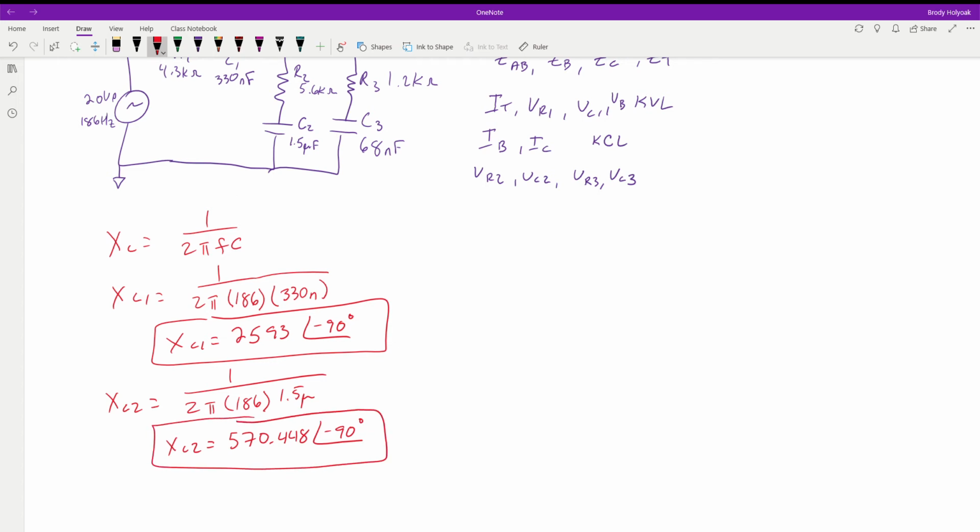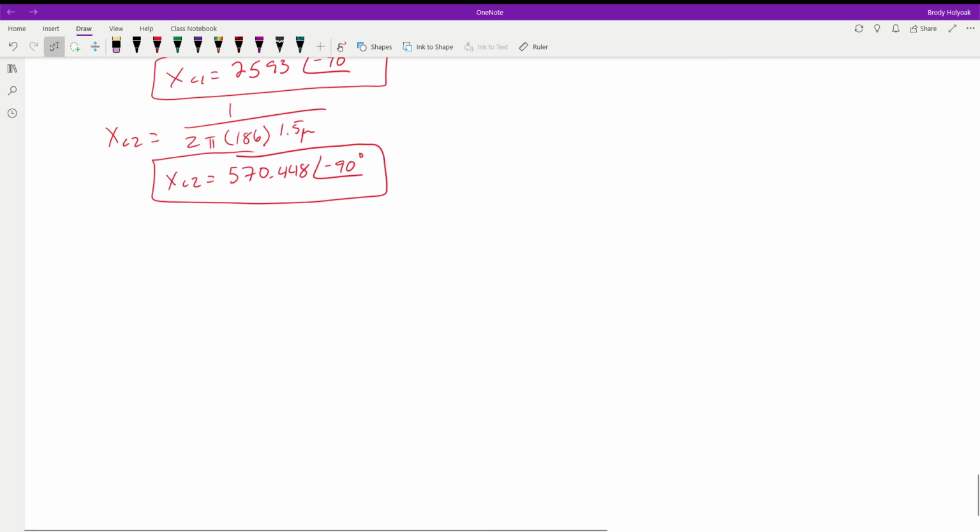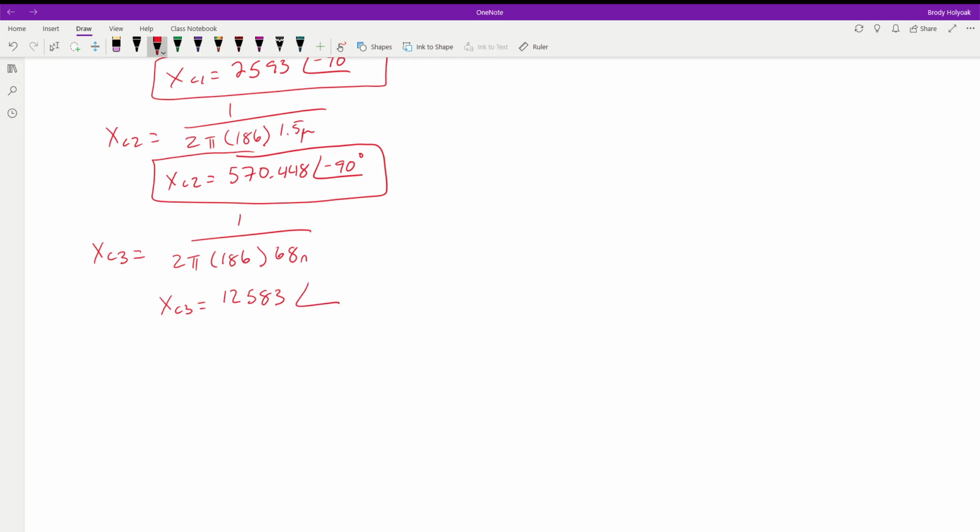Okay. Now that we have that, we're going to solve for the capacitive reactance for capacitor 3. So we have 1 over 2 pi times 186 multiplied by 68 nano. Capacitive reactance 3 is equal to 12,583 ohms at negative 90 degrees.